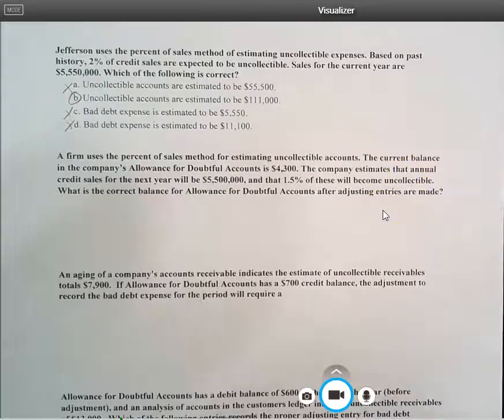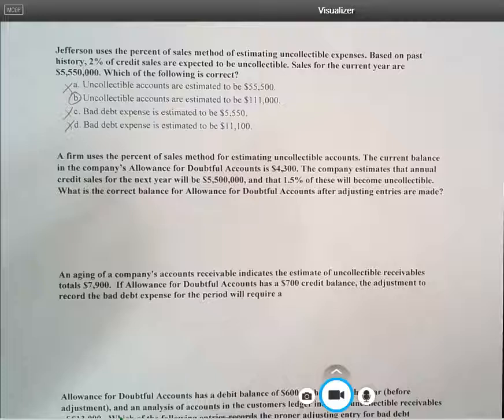All right. Next question right here. It says, a firm uses the percent of sales method for estimating uncollectible accounts. The current balance in the company's allowance for doubtful accounts is $4,300.